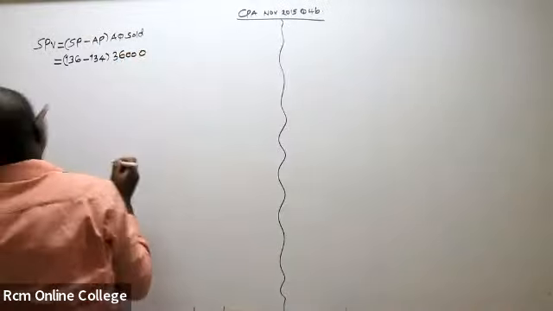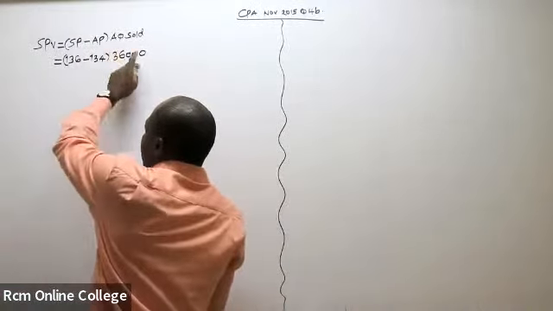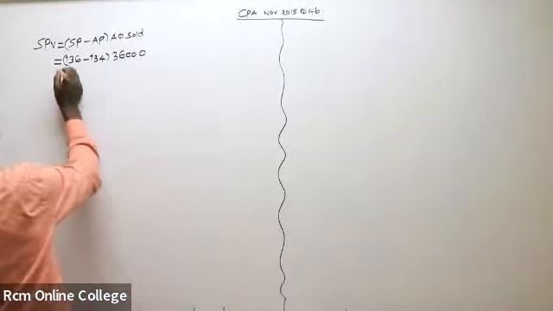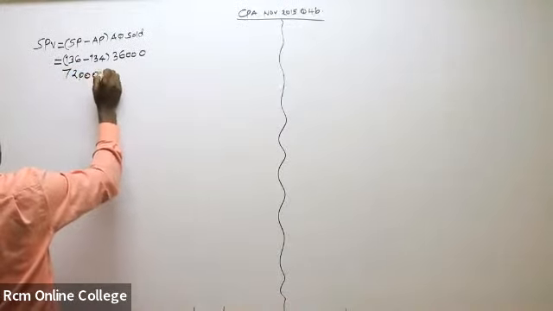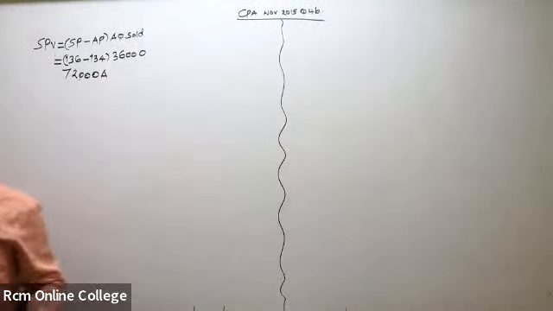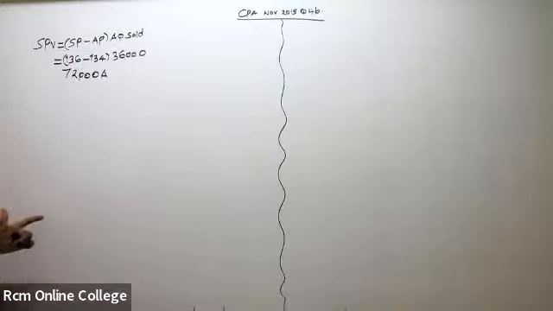The difference between these two is 2 shillings. So when we take 2 multiplied by 36,000, what are you getting? 72,000, adverse. That is it. There's nothing complex about it. Just like that. Let's go to the second one.